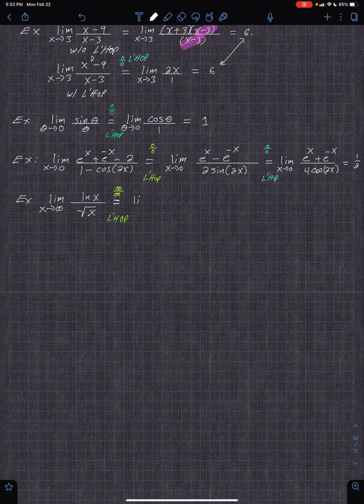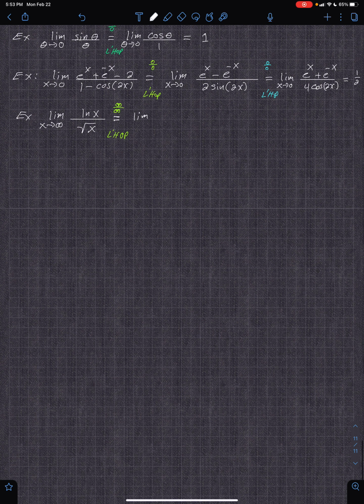So then you get the limit. And we just talked about these derivatives. The derivative of natural log is 1 over x, as x approaches infinity. And then when you do the derivative of root x, you're going to get 1/2 x to the negative 1/2, but this will bring it back down.